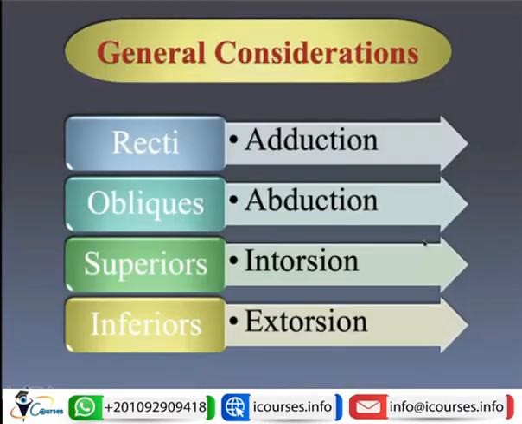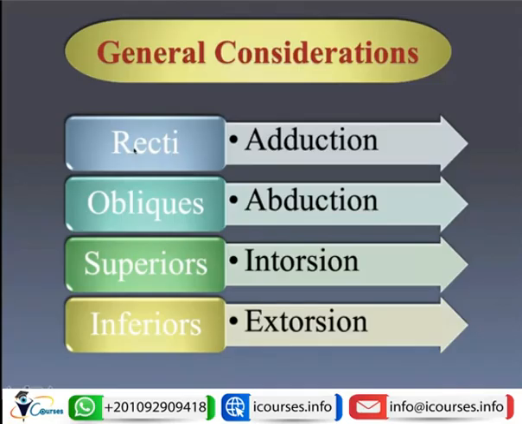So in order to make some general rules to make our life easier and to facilitate the memorizing of the action of extraocular muscles, we have some general rules. So all recti are adductors. We are talking, of course, about the superior and the inferior recti.